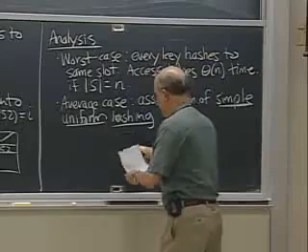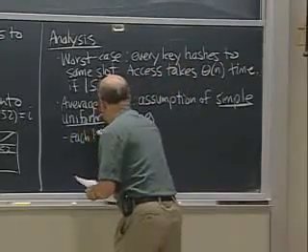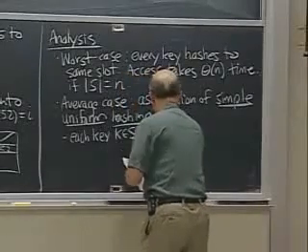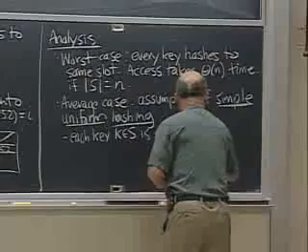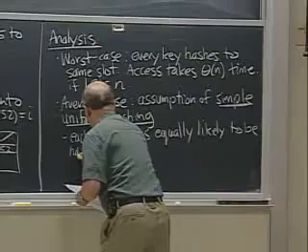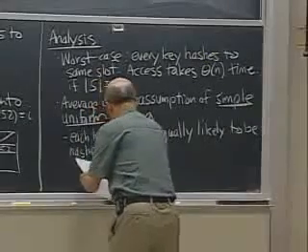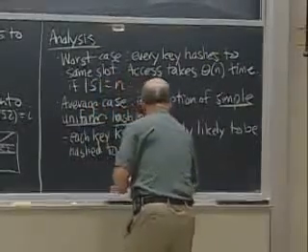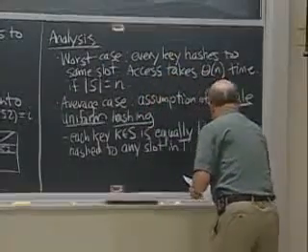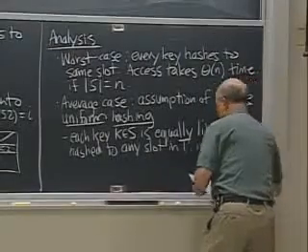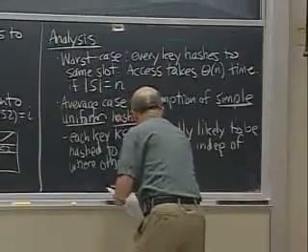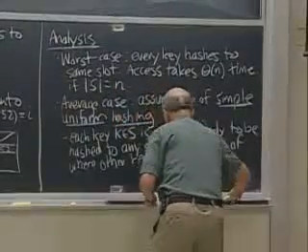And what it means is that each key k in S is equally likely to be hashed to any slot in T. And we actually have to make an independence assumption, independent of where other keys are hashed.